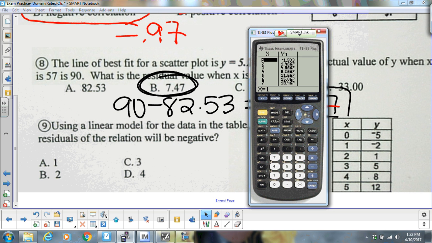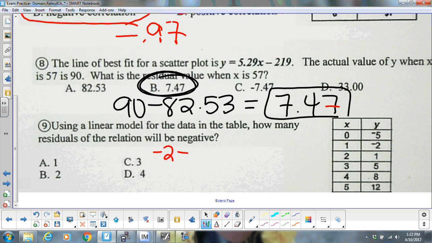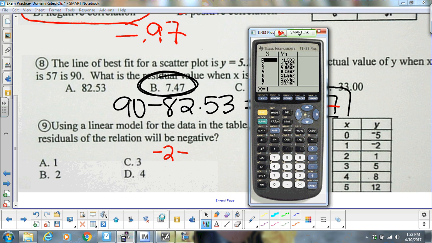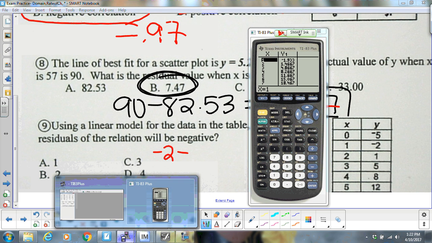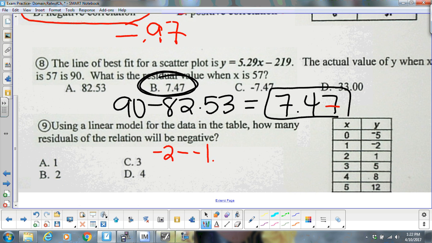So it's going to be -2 minus -1.9, which is going to be -0.1. I wanted to know how many are negative, so 1 is negative.